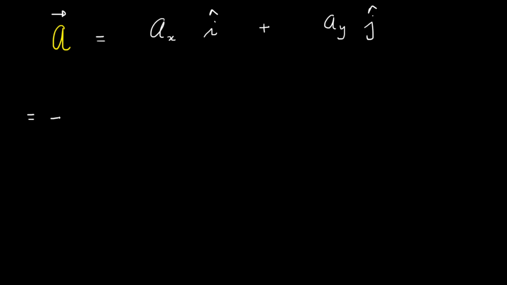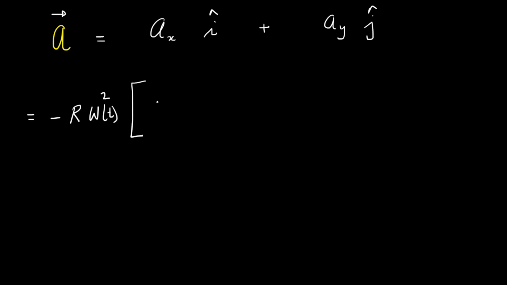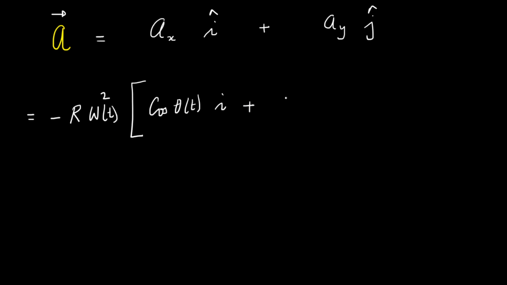You get minus r omega at that instant whole square, minus r omega square cos of theta t i, plus these guys, which are very similar in nature, but there is a minus sign and there is a sine theta, but it's j. So I'm going to write it as plus sine theta t j.